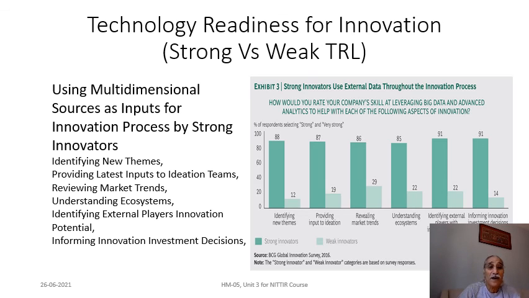And so understand market trends, identify external players, and take innovation from different domains. So, say for instance, what is happening in the sports shoes market, and see how that can be converted into normal footwear. See what is happening in the sports apparel market and how it can be used for giving better apparels to common people.